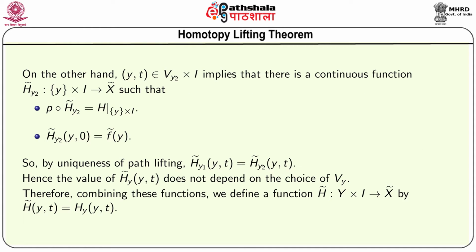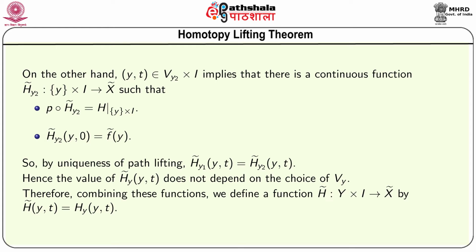On the other hand, the pair (y, t) belongs to Vy2 cross I, which implies that there is a continuous function Hy2 tilde from the singleton y cross I to X tilde such that P composed Hy2 tilde equal to H restricted to singleton y cross I and Hy2 tilde evaluated at the point (y, 0) is equal to f tilde of y.